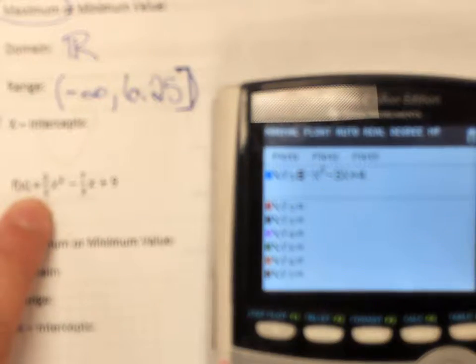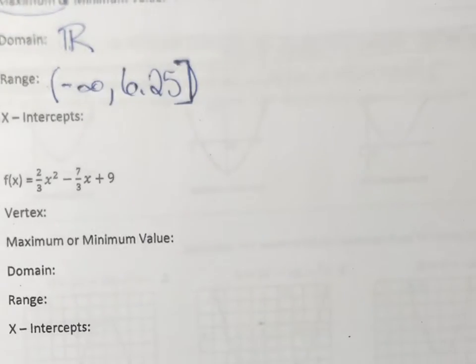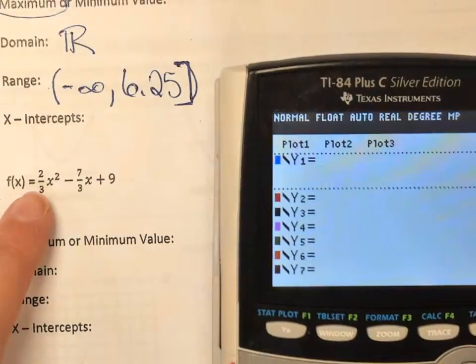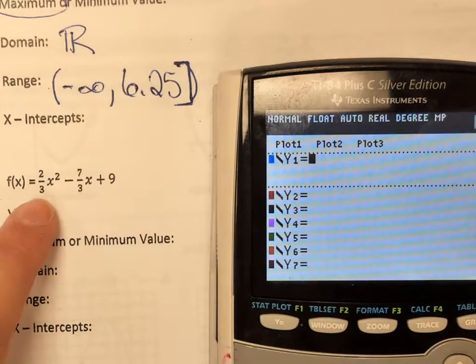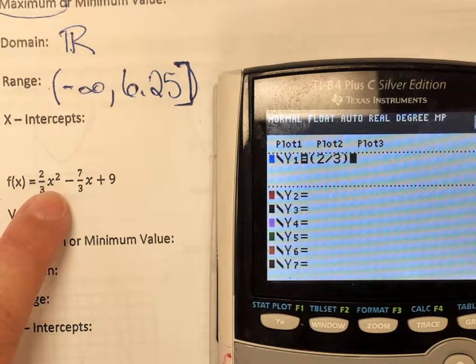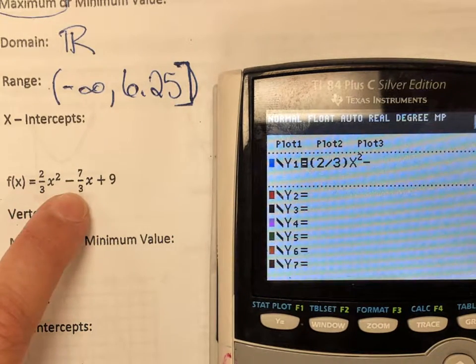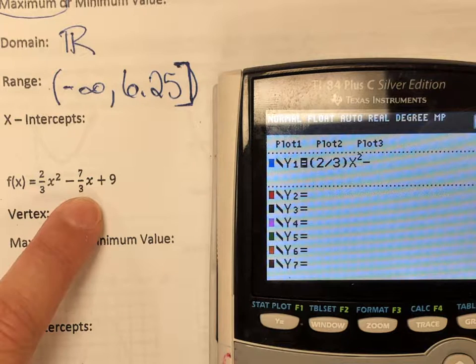So go to y equals, clear it out. All right, to put a fraction in, this is 2 divided by 3, right? So you just put a parenthesis, 2 divided by 3, close parenthesis, then x squared, minus, oh my gosh, that's a fraction.